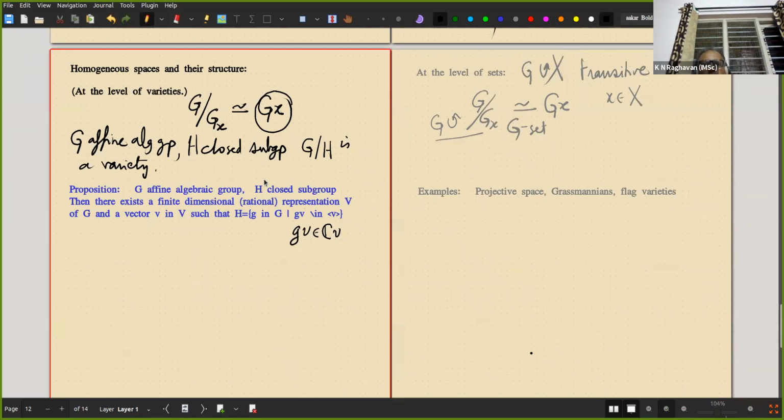Then, for the action of G on the ring of functions, there is a finite dimensional G-invariant subspace in which all of these belong. You can take that to begin with, and then you have to do a little bit of jugglery, but all that is very pleasant.